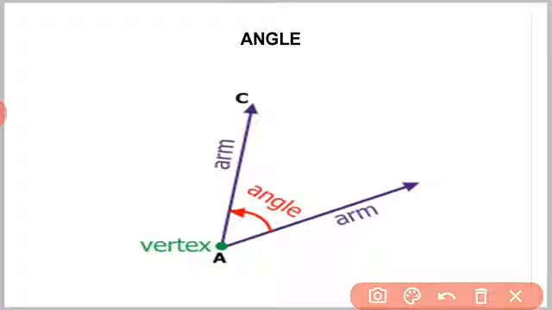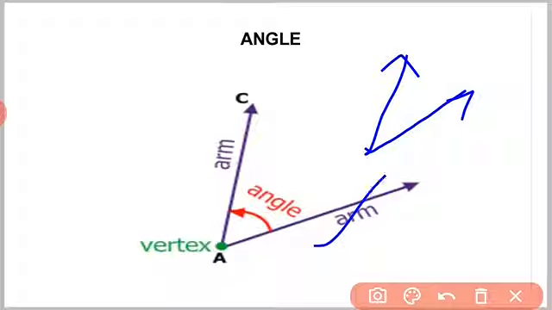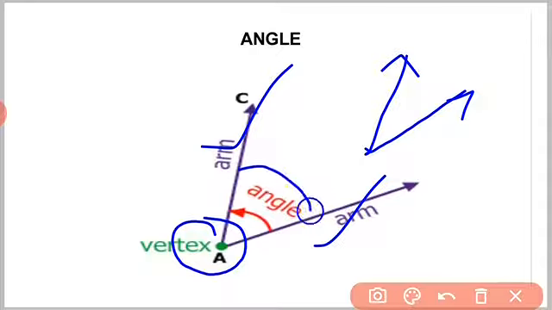We know an angle is formed when two rays having the same origin meet. So these rays are called arms and the common origin is called the vertex, and thus we get an angle.